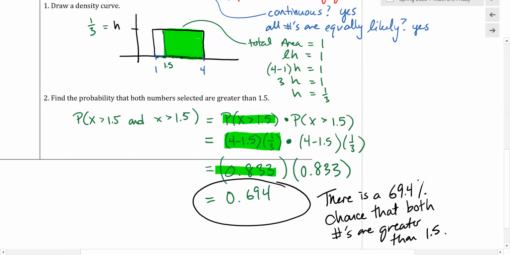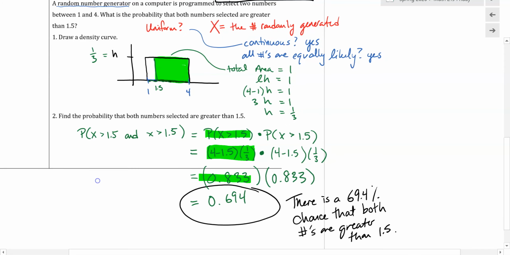I hope this one went okay. This was kind of tricky. Well, A, I had some distractions, but B, it's the jump from discrete random variables to continuous random variables. It's not hard to do, but it's brand new, and it's a new kind of concept and idea, so it might take a little while to get used to it.